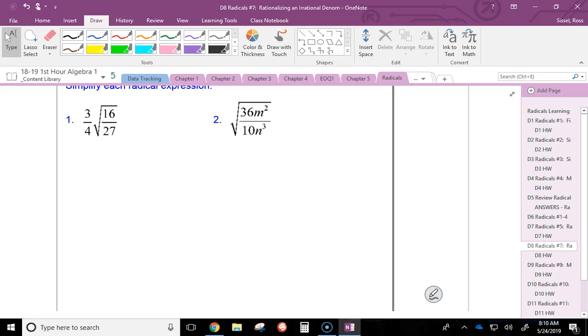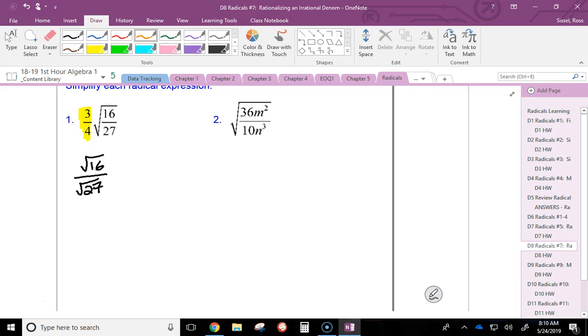First thing I want to do is simplify as much as I can, so I'm going to focus on just my square root. So, my 3/4, I'm going to come back to and multiply that in a little bit. But I'm going to focus on the square root of 16 all over the square root of 27. What would you do first?